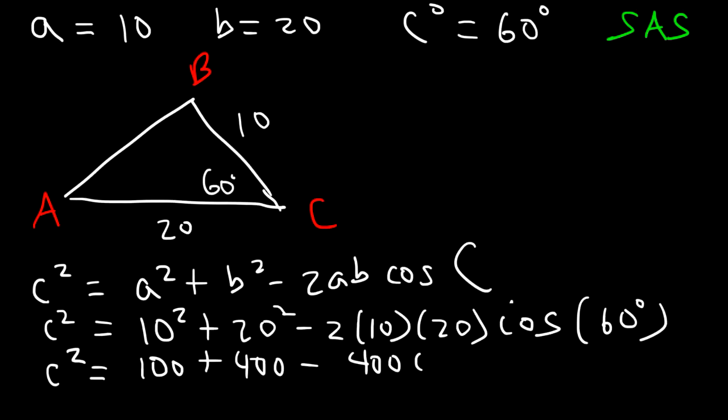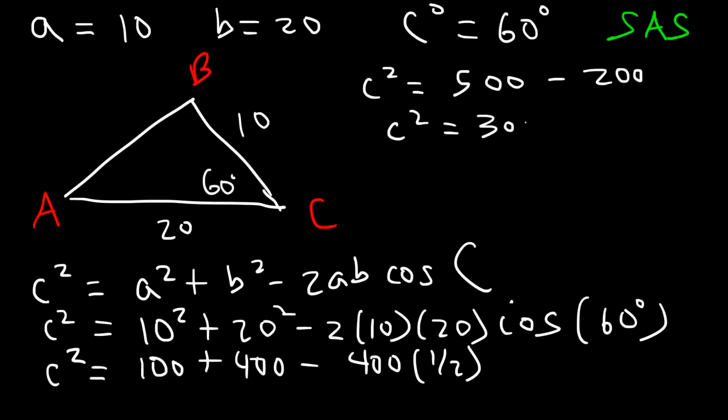Now cosine 60 is 1/2. 100 plus 400 is 500, and half of 400 is 200. So C squared is equal to 300. Therefore C is the square root of 300, which is 10 root 3, or 17.32.